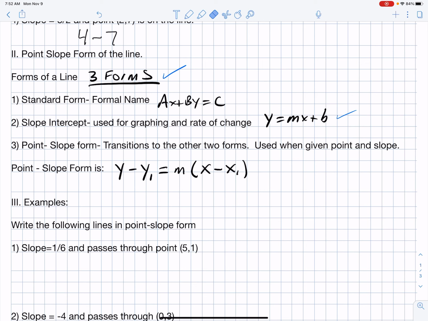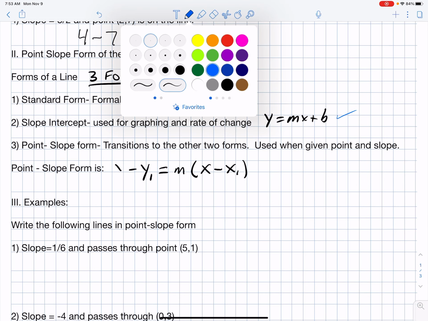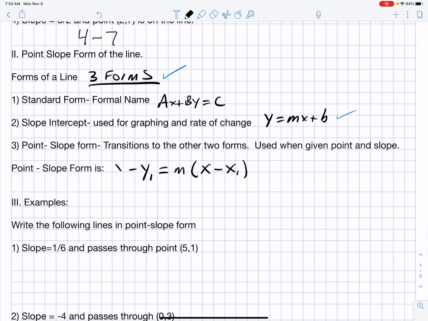Okay. Now the point-slope form is y minus the y-coordinate, which is y sub 1, equals the slope times x minus the x-coordinate, x sub 1. So again, this y right here, oops, I don't know why I had it on erase. Sorry about that. Let's change colors.